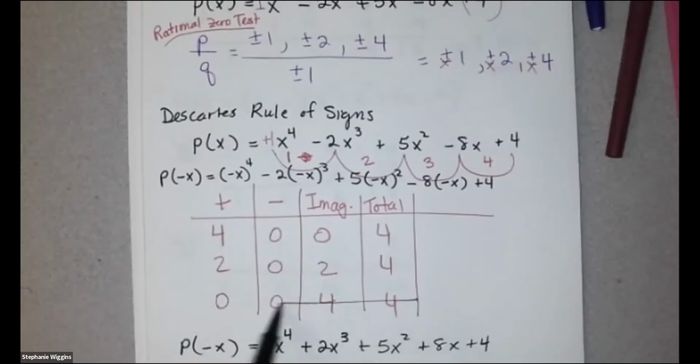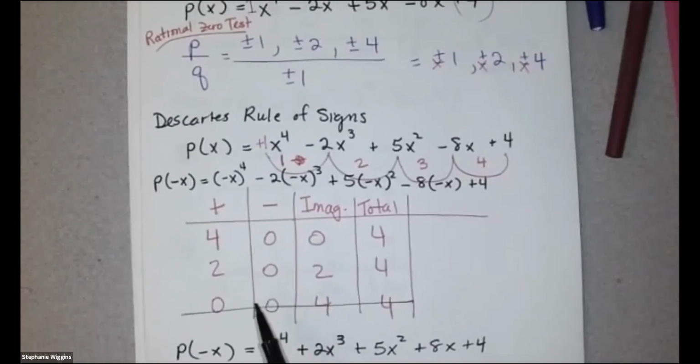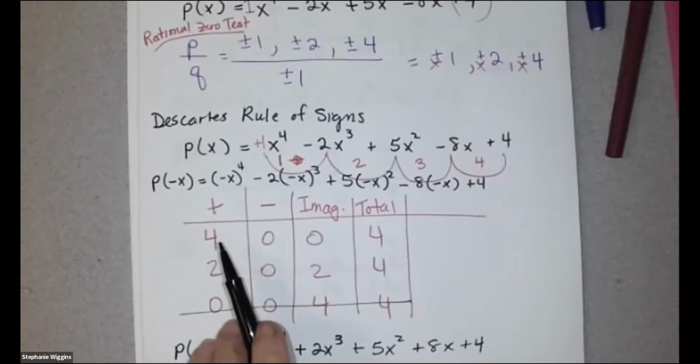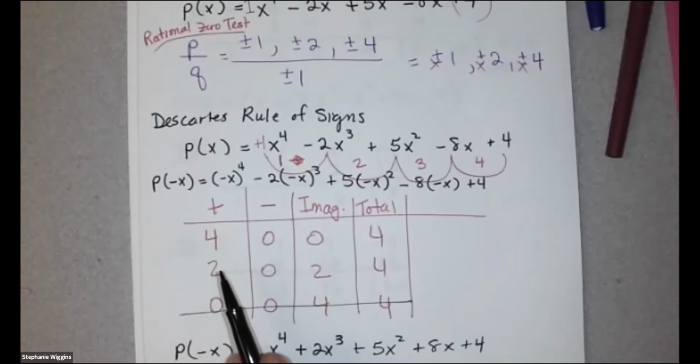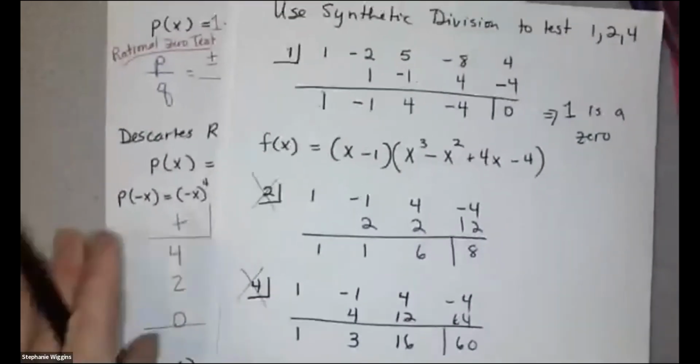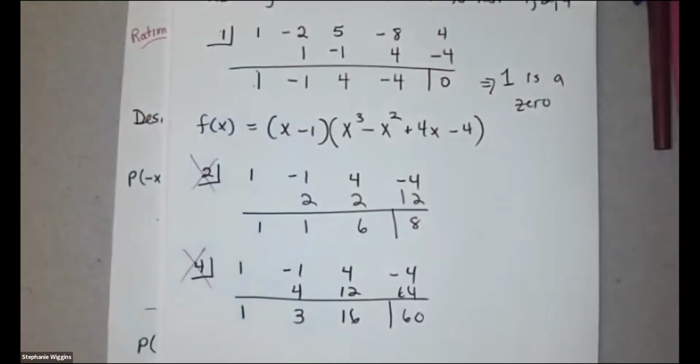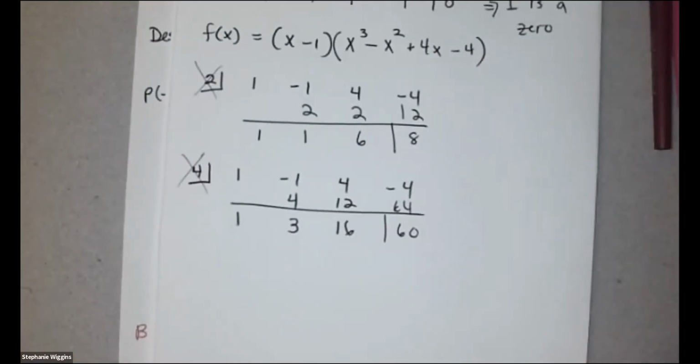So I know that this is out, because I know I have at least 1. So it's either here or here, and I have no negative. So I'm wondering if maybe I have a multiplicity here. Let me check that out. I'm wondering if 1 is 0 again. So I'm going to try that.